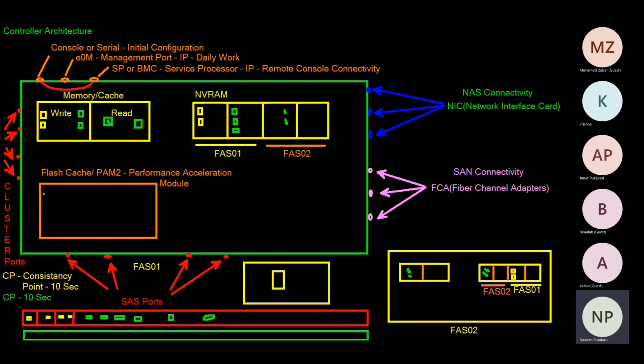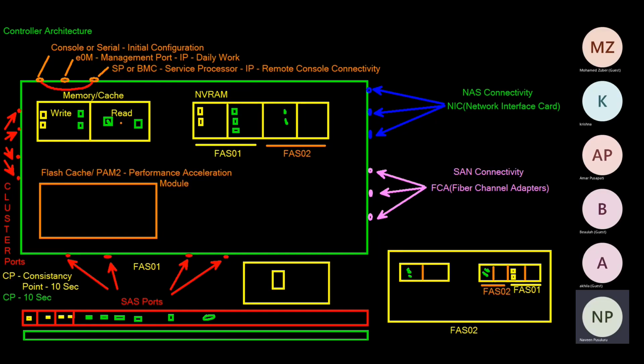So what will this flash cache do? What is the main functionality of this flash cache? This flash cache is responsible for improving the read performance, improving the read request performance. I told you, right? Whenever a read request enters our controller, first it will go through the read cache.